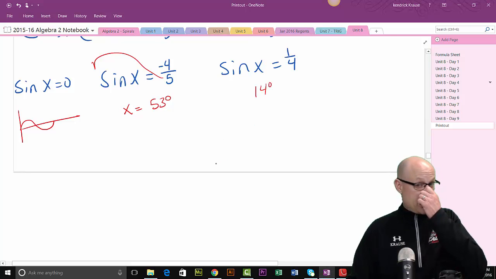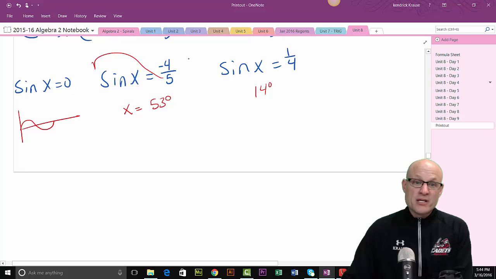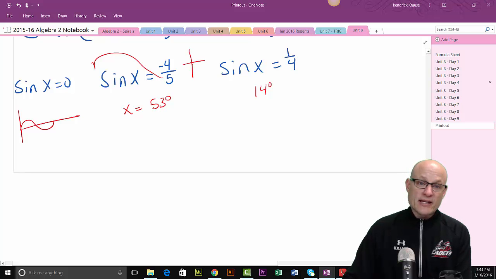All right, now I have to decide if I'm going to keep them. On this one, we have negatives. Well, sine is negative in the 3rd and the 4th quadrant. So I'm not going to keep this one, but I do need to use it. So for this quadrant, I'm going to do 180 plus 53, and I get 233.